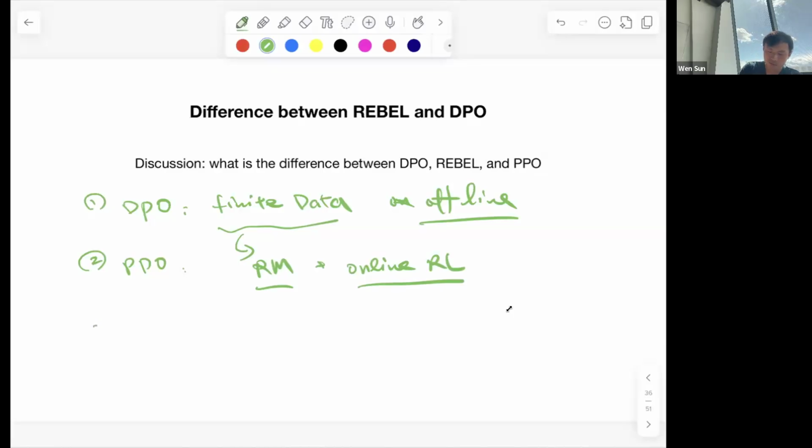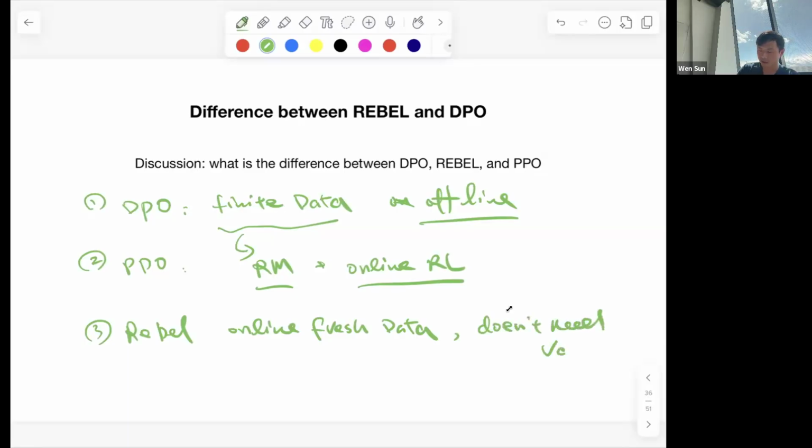And I will say Rebel is something that sits between the two. Unlike DPO, Rebel also uses online fresh data. But unlike PPO, Rebel does not need a value network. Very similar to DPO, it operates at the trajectory level.